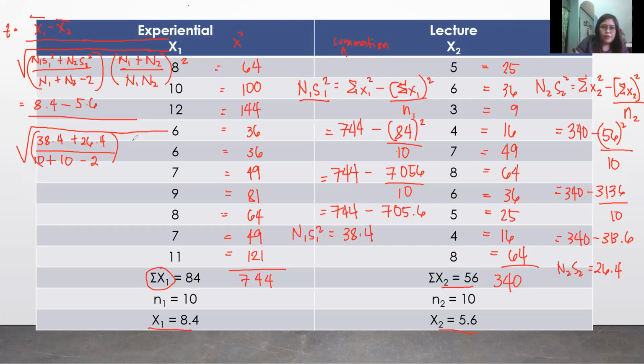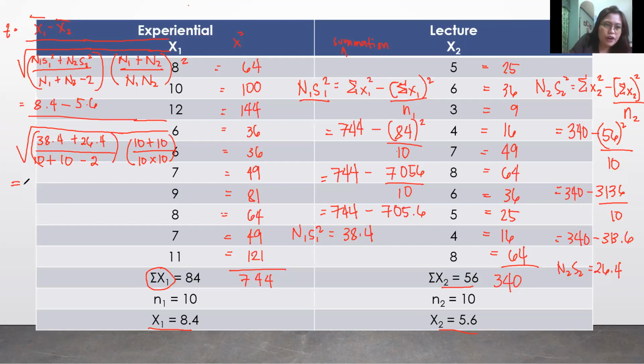And then i-multiply nato ni sa N1 again is 10 plus 10 gihapon ang N2 divided by N1 times N2. So 10 times 10. So karon kay naa na tanang data nato for the computation of the T-score. So pwede na ta magsugod og compute.